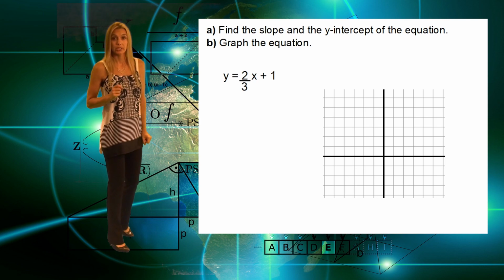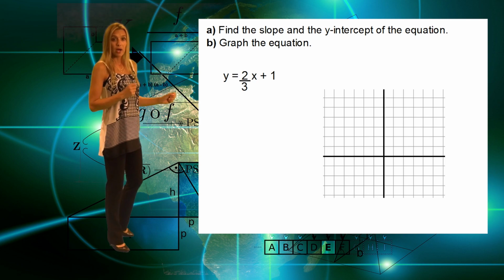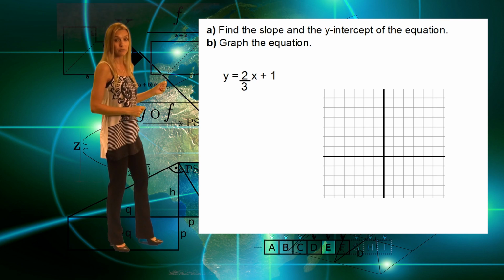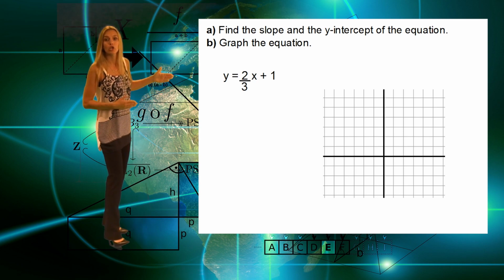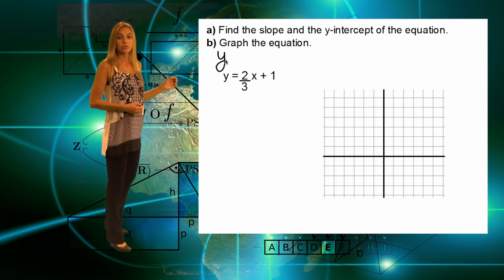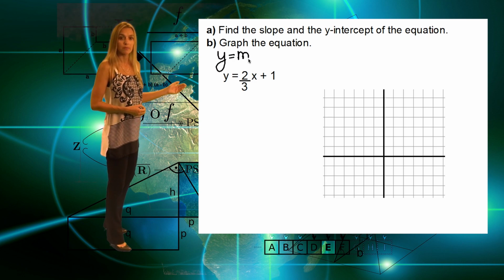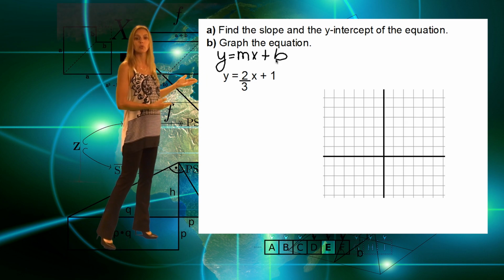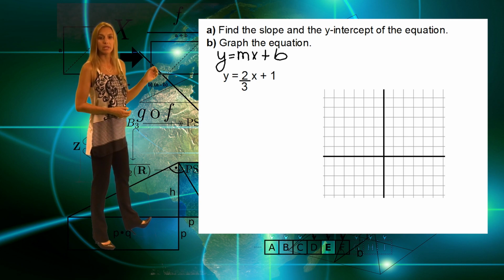We have an example, and this example says, find the slope and the y-intercept of the equation, and after you find it, graph it. So we have y equals 2/3 of x plus 1. Above it, I'm going to give myself the slope-intercept form, which says y equals mx plus b.